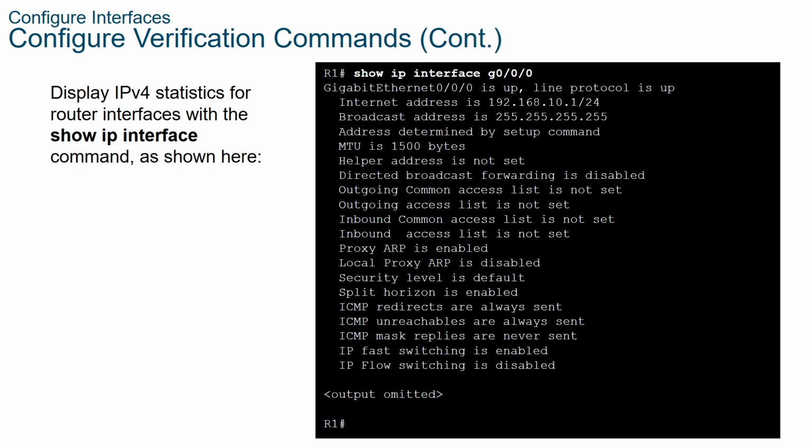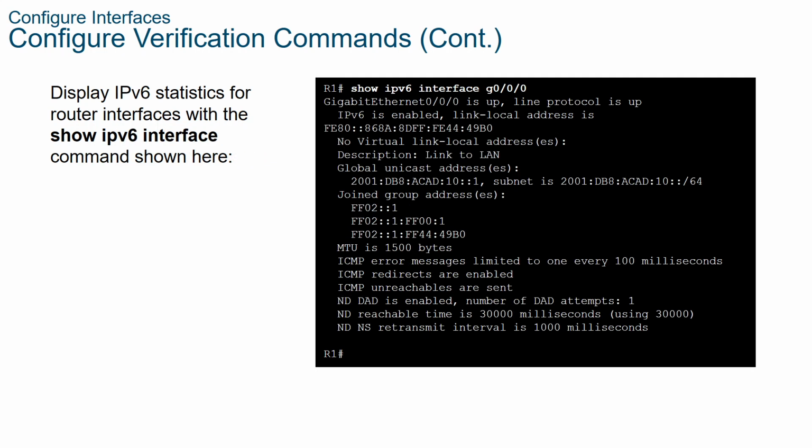If we want to display IP version 6 statistics for a router interface, we can do that as well with the show IPv6 interface command. Here we can see again GigabitEthernet 0/0/0, and we can see that the interface itself is up and running, and the protocol's up. We can see that the link local address is the FE80 address there.